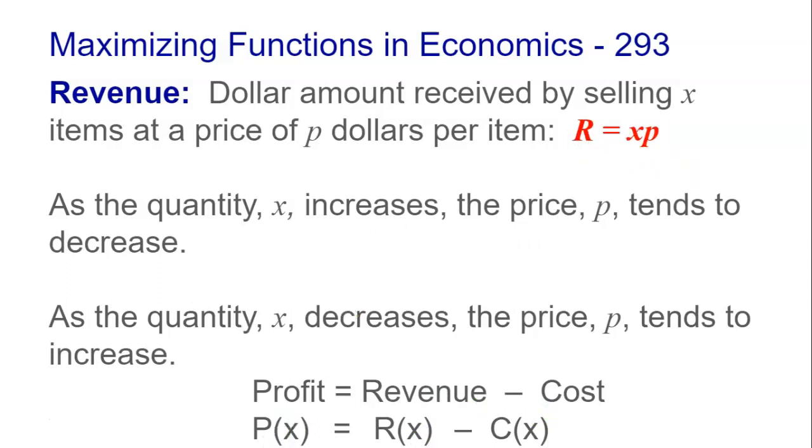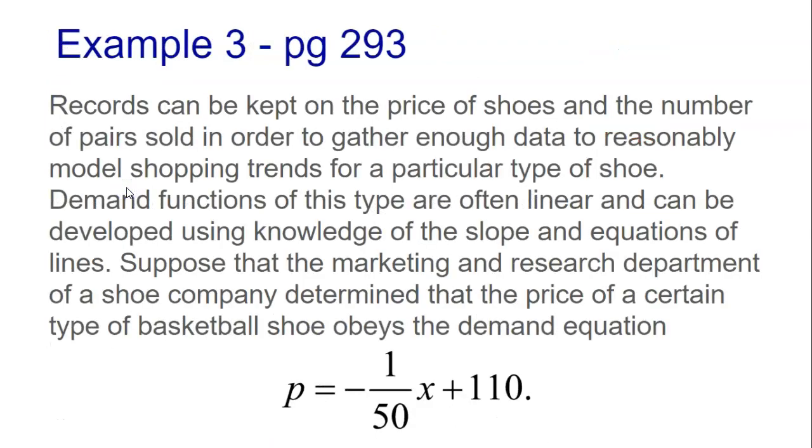So let's look at an example of how that works out. So here we have this situation that, again, I'll let you read in the interest of saving time. But in this situation, this represents the price that we should sell basketball shoes based on the demand, where X is going to represent the number of shoes predicted to be sold.